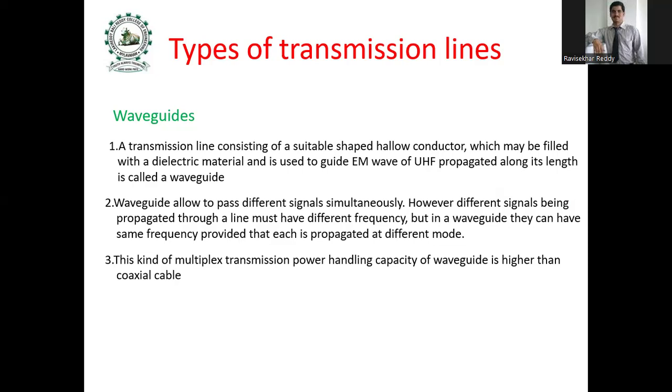However, different signals propagated through a line must have different frequencies, but in a waveguide they can have the same frequency provided that each is propagated in a different mode. In this kind of multiplex transmission, the power handling capacity of a waveguide is higher than coaxial cable. The main advantages of waveguides are that the power handling capacity is more and signal loss is very low.